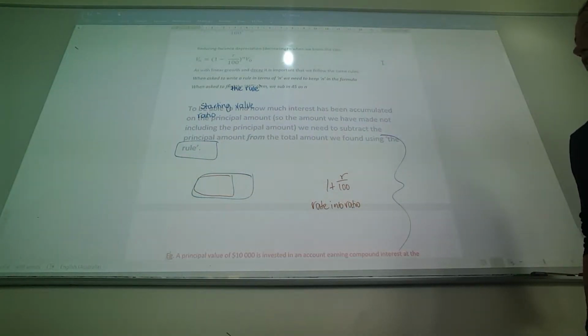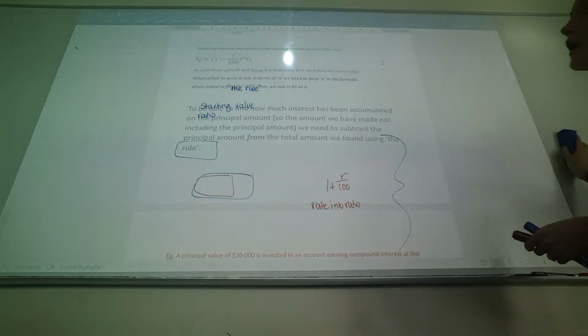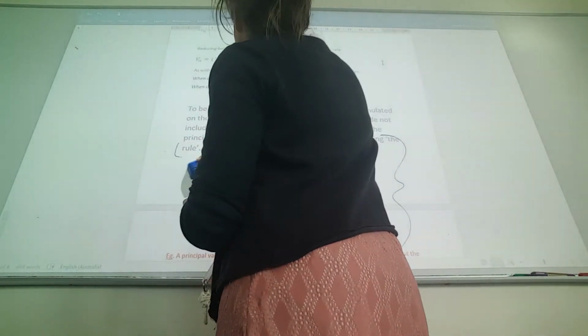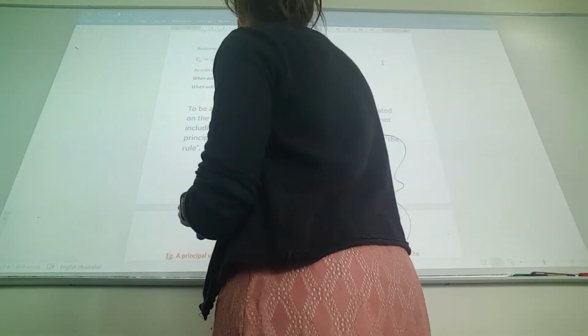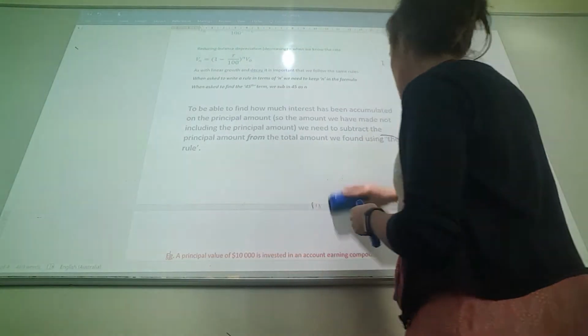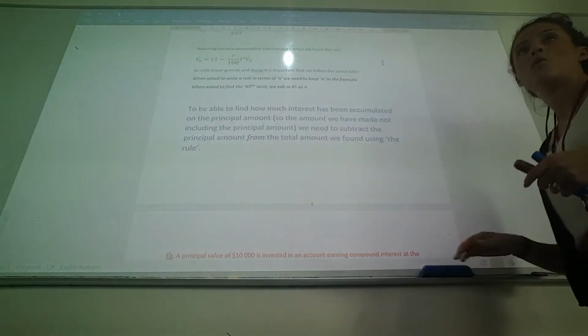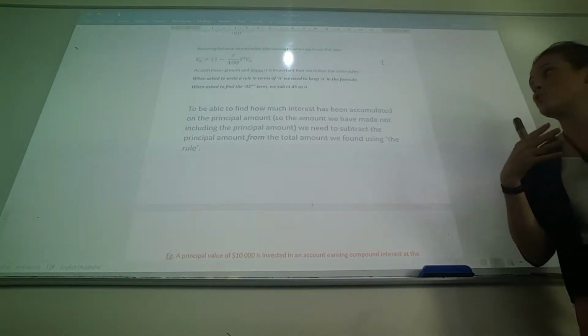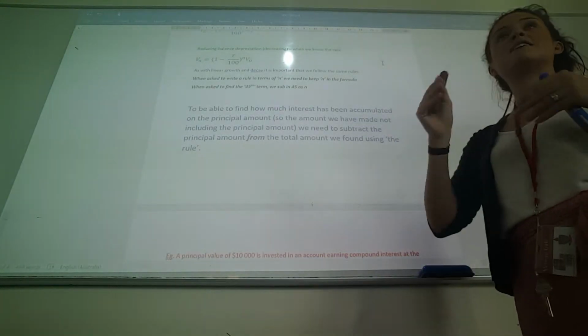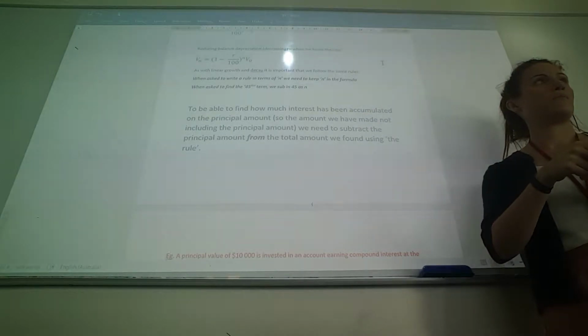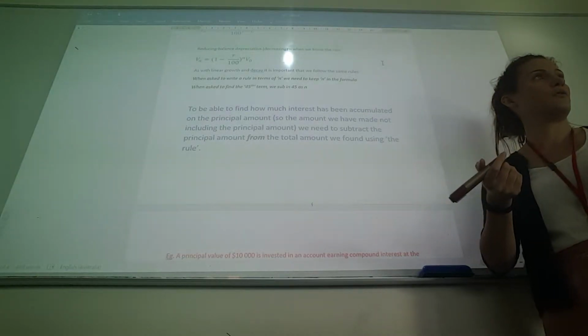Okay, just a couple of things to note. Just like when we were working with our linear sequences, if we're asked for the nth term, we need to write the rule in terms of n. We need to keep n in the formula. So just like we did with the linear rule.